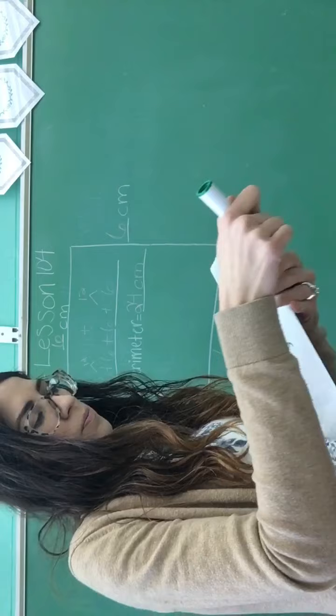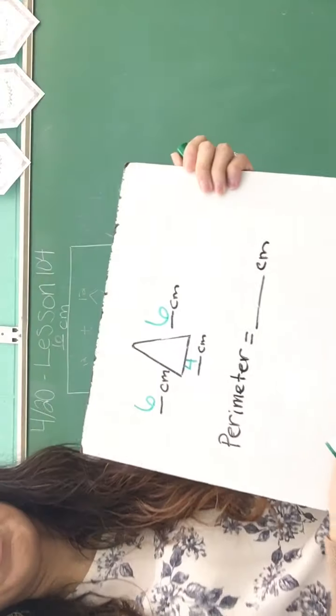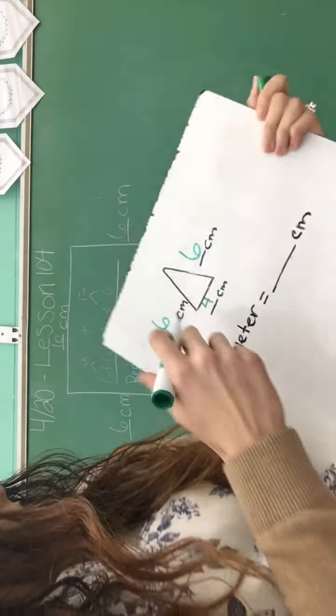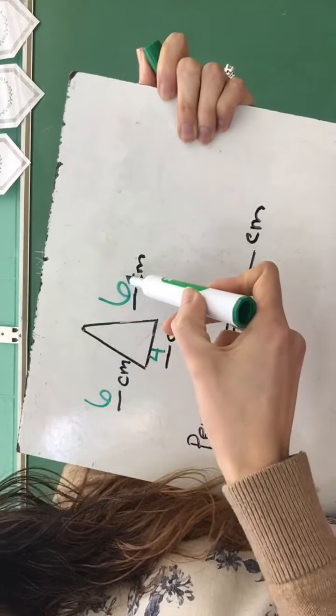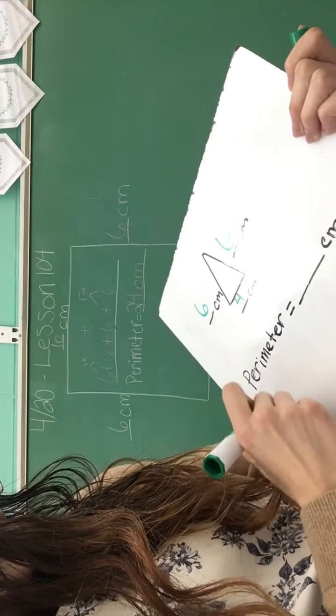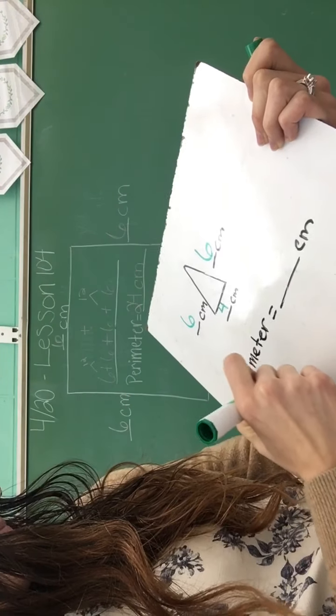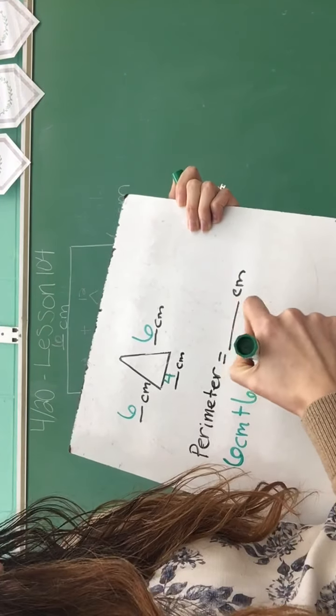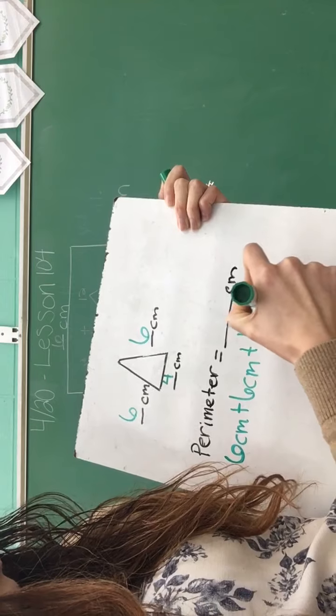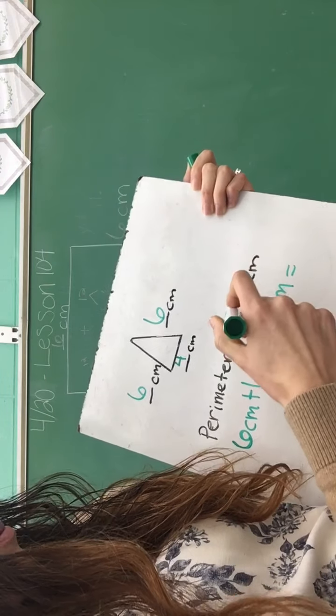Okay, so now that we measured our sides, the next step for perimeter is adding all the sides. So how many sides does a triangle have? 3, very good. So we're going to add 6 plus 6 plus 4. So 6 centimeters plus 6 centimeters plus 4 centimeters equals, and we'll put our answer right here.